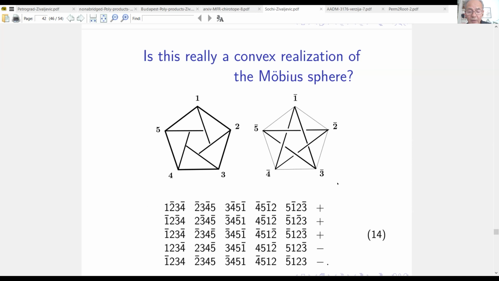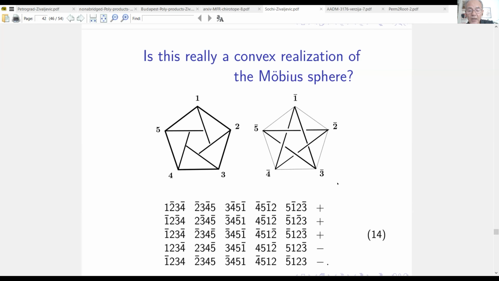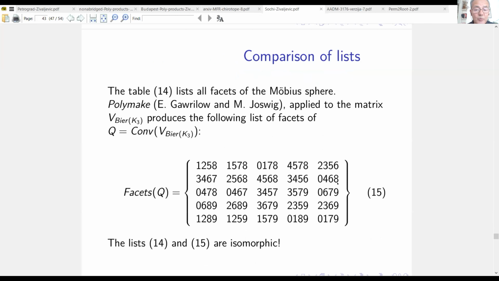So you have the list of all simplices, facets of the combinatorially described Bier sphere, and you have what we claim to be the polytopal realization, and then we use a standard program like polymake of Yevgeny Gavrilov and Mikhail Yozvik.